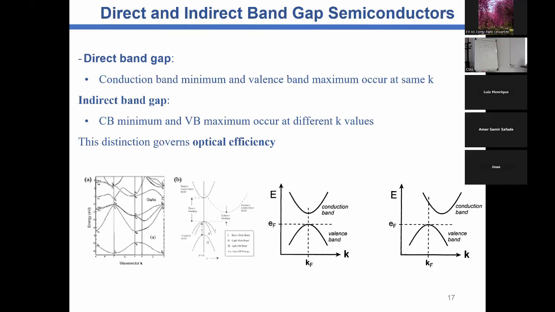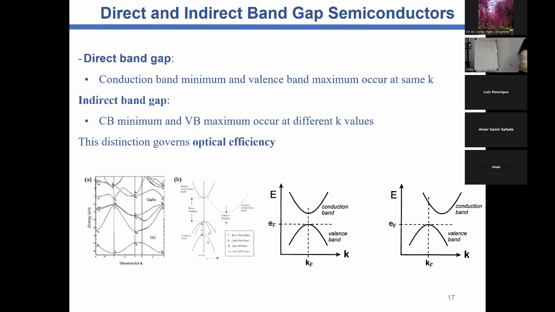So in this way, we can distinguish the energy gap and call it direct energy gap and indirect energy gap. A direct transition means that the conduction and valence band have the same position in the lattice, so we don't have a difference in terms of momentum.